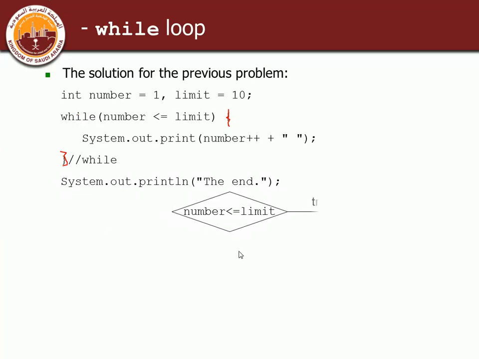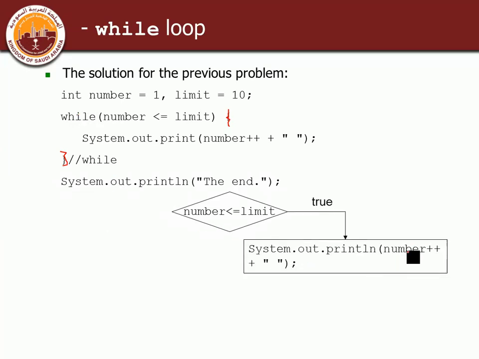So we ask a question. If this is true, we display and increment. And then we go back and ask the question again. If this is false, we get out. The most important thing is that we're going up to ask the question again. We never just finish executing this and get out like with the if. No, we have to always go and ask the question.